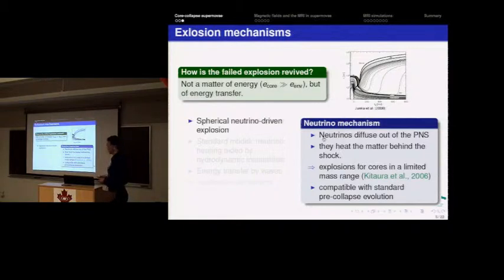In a limited mass range of roughly 8 to 10 solar masses, where the collapsing core consists of intermediate mass elements rather than iron, and the star has a very steep density gradient outside the core.